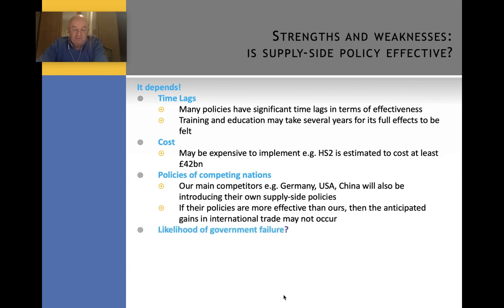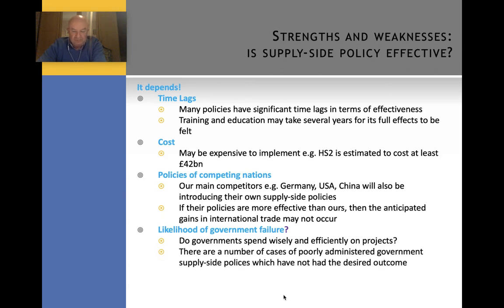What about government failure then? Is there any danger of government failure? Well, in some cases, when we think about some of the ways in which government might choose to spend money, have they done it wisely? Have they done it efficiently? Have they, due to their lack of rigor or lack of knowledge within a marketplace, perhaps actually added to failure rather than market failure, and the government has failed to actually address some of the market failure that it was trying to help out with.